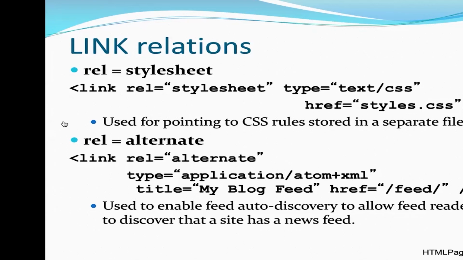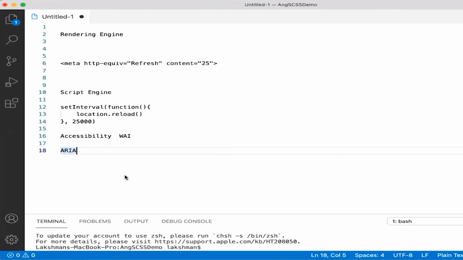Having said that, just a quick question I thought. Here, when we look at this property called type, in the case of typical CSS, we would have seen type would have been text/css.